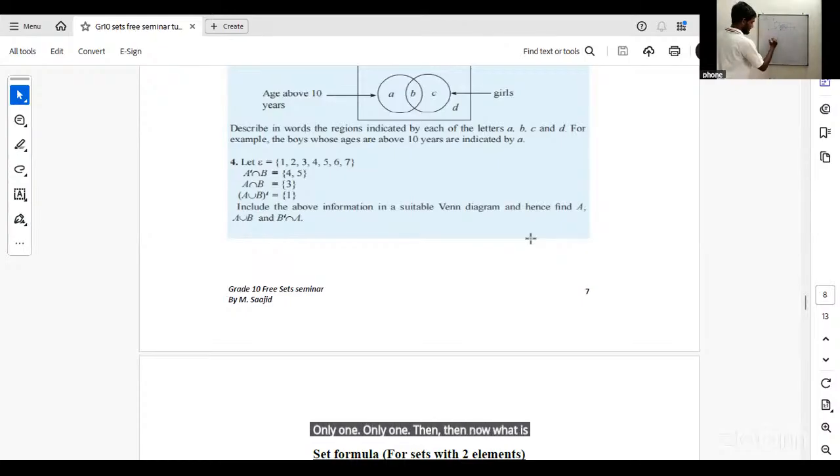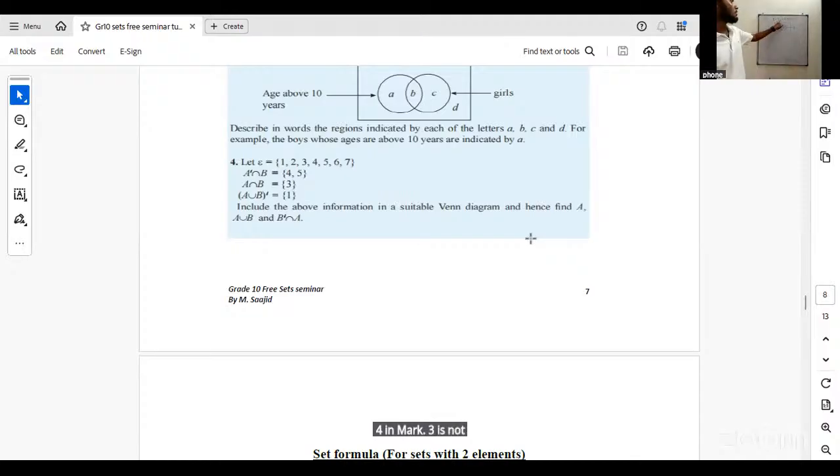Then what is remaining? This universal set contains 1, 2, 3, 4, 5, 6, 7. 4, 5 is marked. 3 is marked. 1 is marked as well.